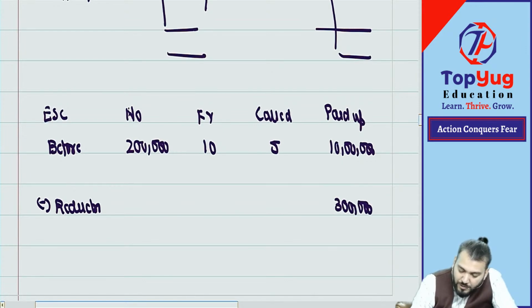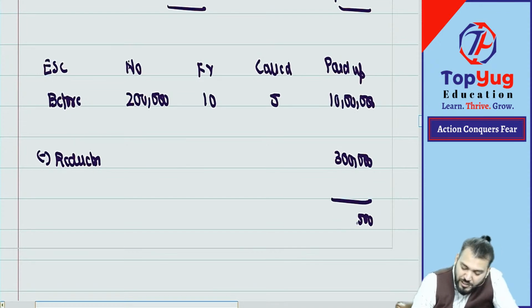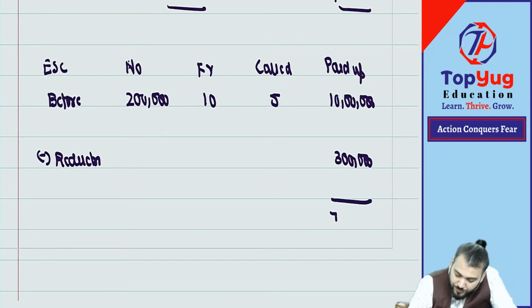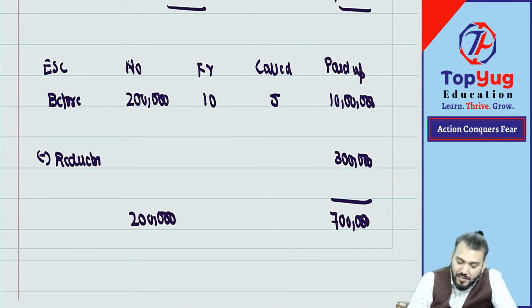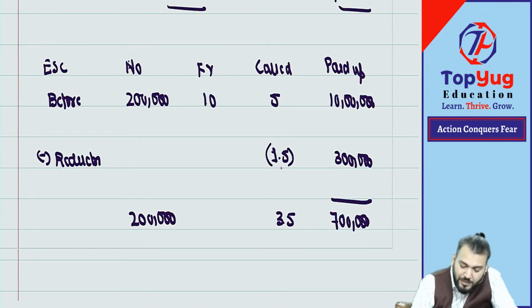After this, it will become 7 lakh. Will the number of shares change? No, the number of shares will remain the same. One thing is clear, the number of shares will remain 2 lakh only. Correct. One thing is also clear, that now paid up called up capital will be 3.5. 3.5 means how much reduction? 1.5. Have you understood what I am saying?